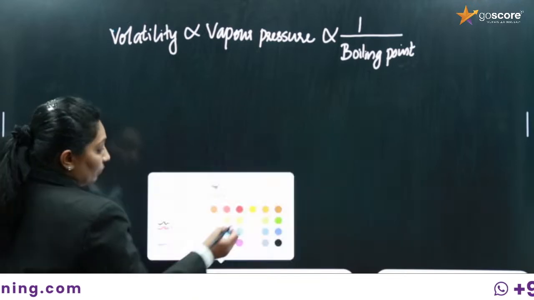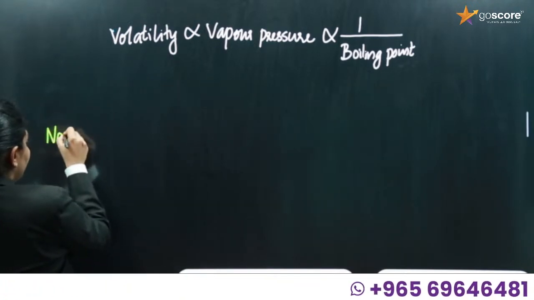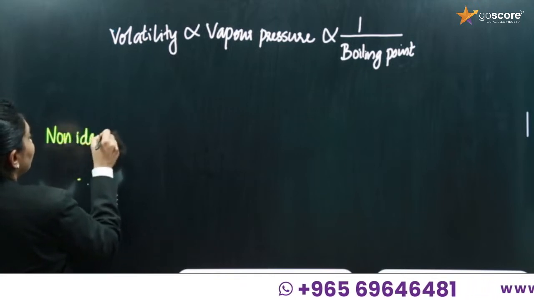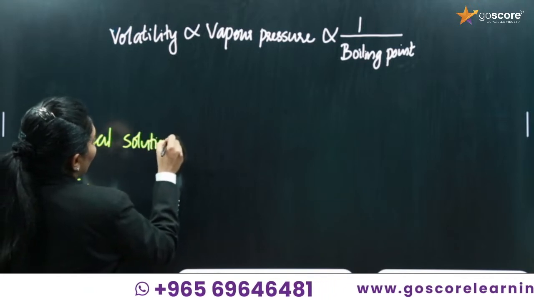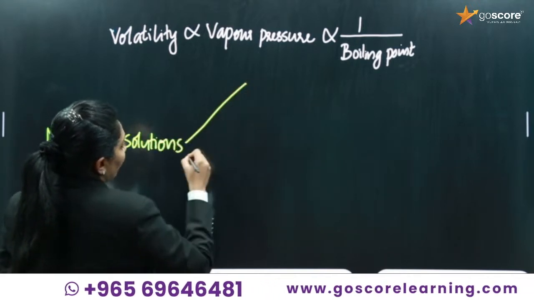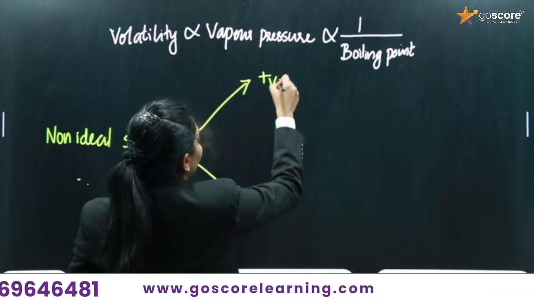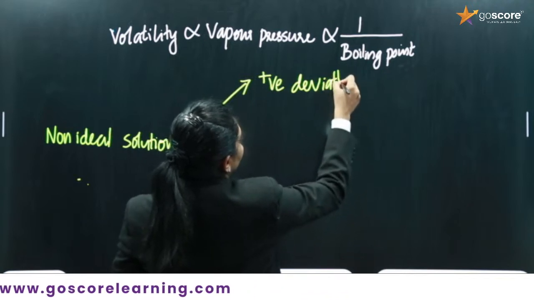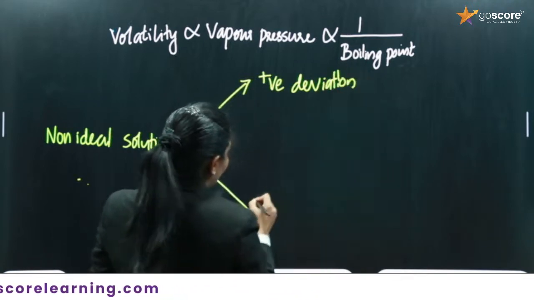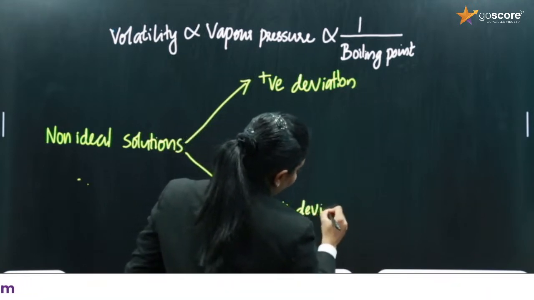So, non-ideal solutions we can categorize into two types, right? Those that show the positive deviation, and those that show the negative deviation, right?